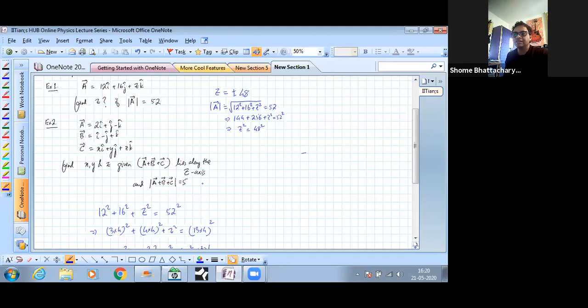That means that the resultant vector's x and y components should be 0. So here's your trick for solving this question.